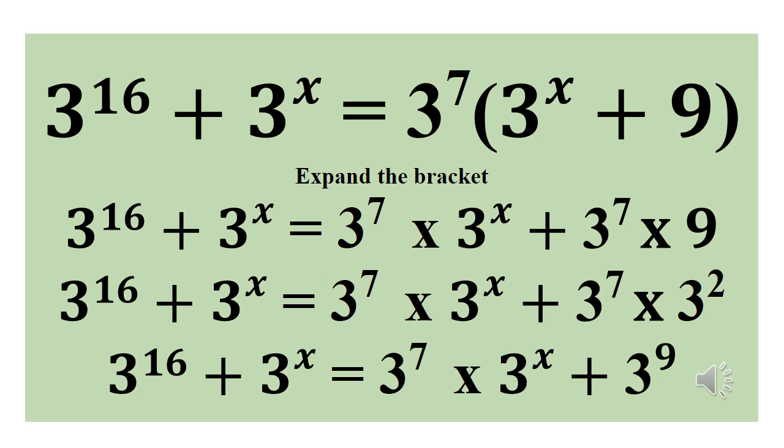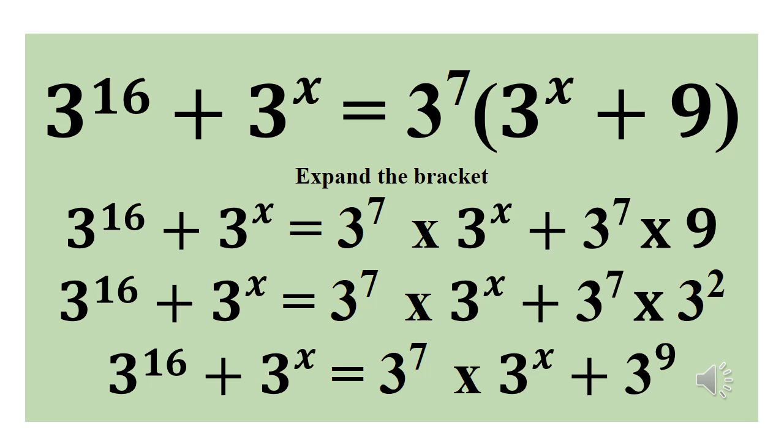So we then have 3 raised to power 16 plus 3 raised to power x equals 3 raised to power 7 times 3 raised to power x plus 3 raised to power 7 times 3 raised to power 2. The 3 raised to power 2 there is the same thing as 9. So we just simplify the 9 to 3 raised to power 2 so that it will have the same base with other numbers.